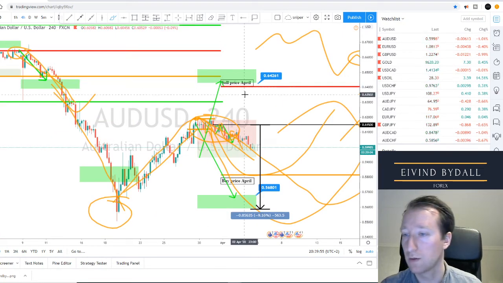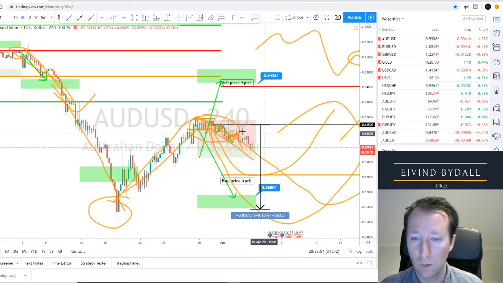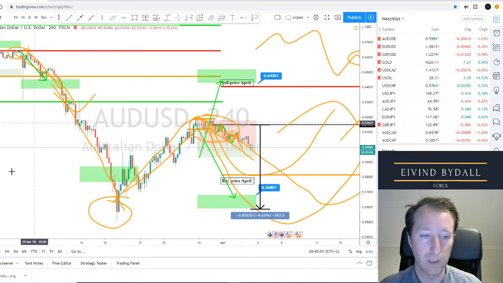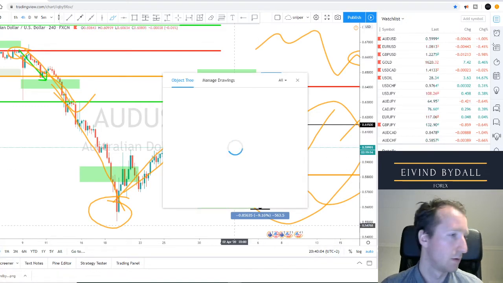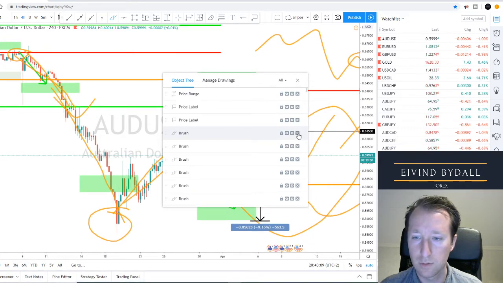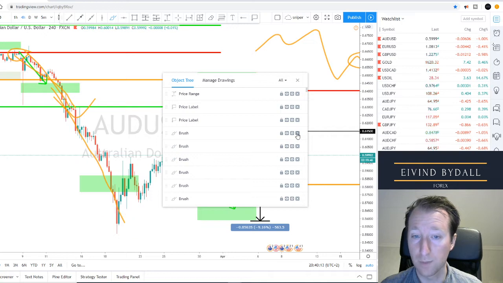Here we have. Okay, good. So right now we are not on the bullish buy for the week. I'll just have to take away this one. Yeah, take away that one as well. So we're not on the bullish price for the month, which is very important to me. It doesn't need to happen, but it's important.